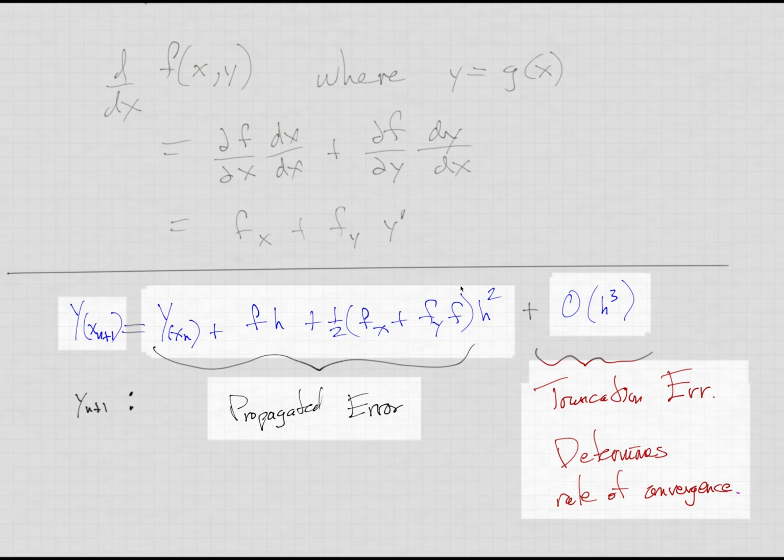We want to show that the trapezoidal method will match these terms, and it'll leave only this error of order h cubed, and that therefore in the trapezoidal method, the truncation error will be exactly of this order of h cubed, and therefore we'll be able to show that the overall error is 1 degree less. It's of order h squared.